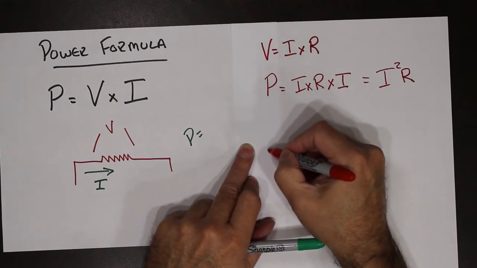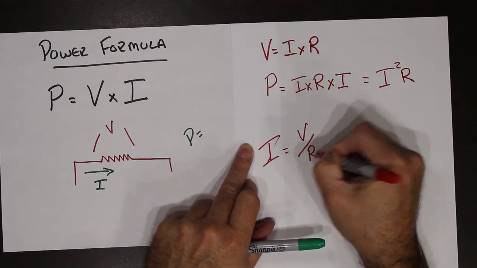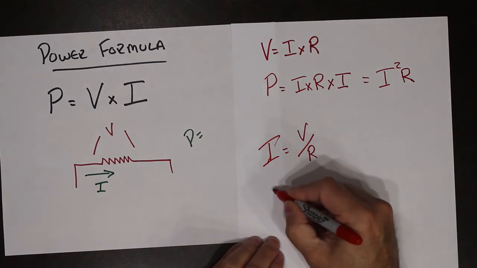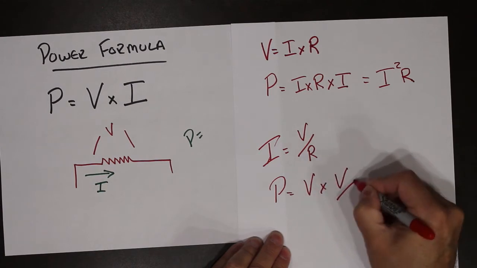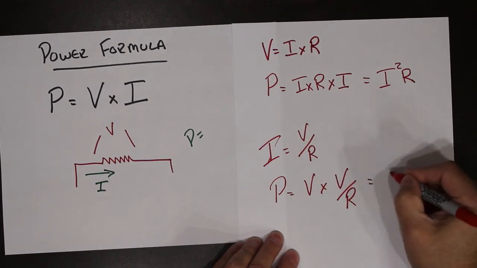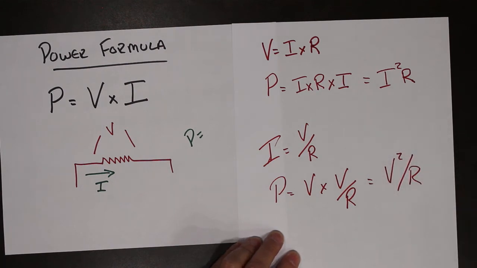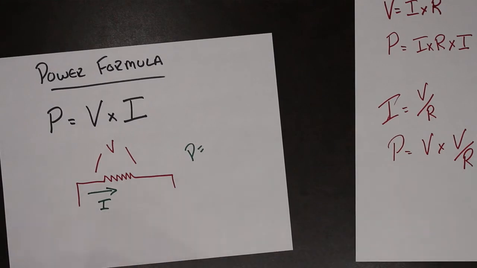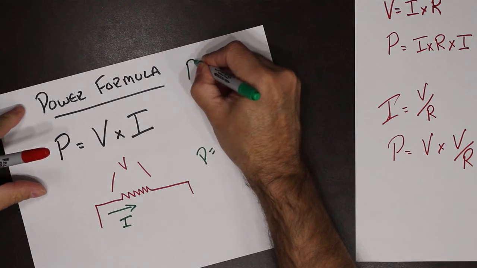We also know from Ohm's law that I is equal to V over R. If we replace this I, we end up with P is equal to V times V divided by R, which works out to be V squared divided by R. So I'm just rearranging formulas and substituting. So what that ends up being is one main formula and two others.